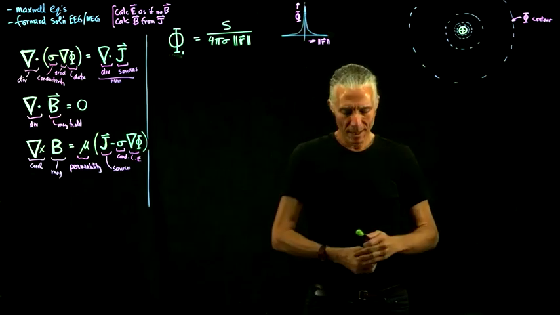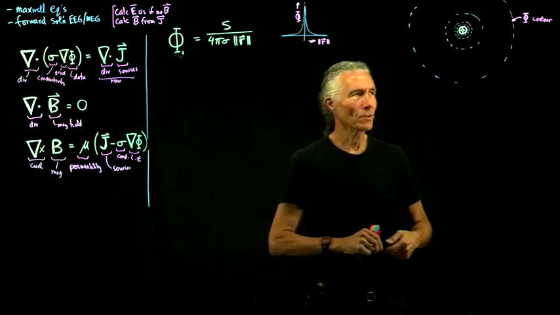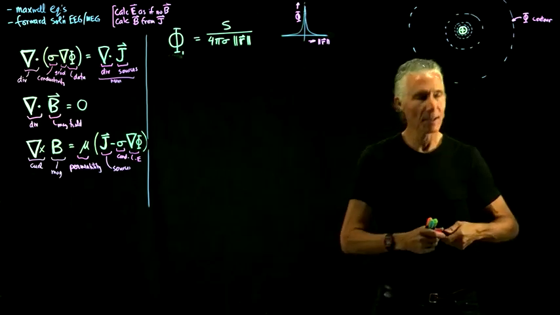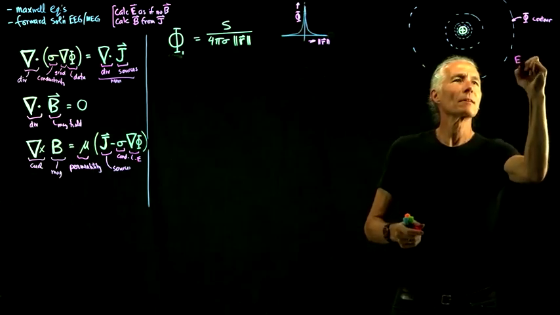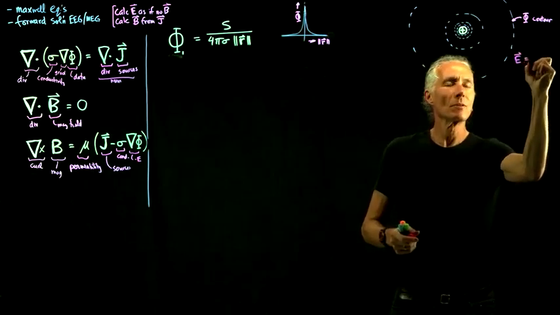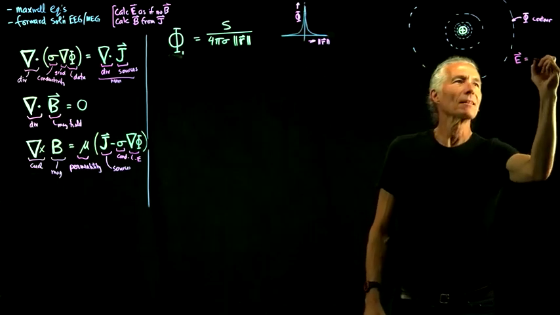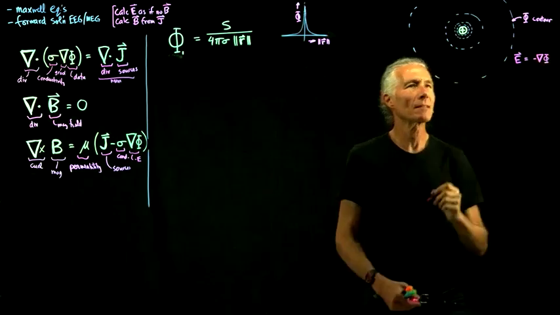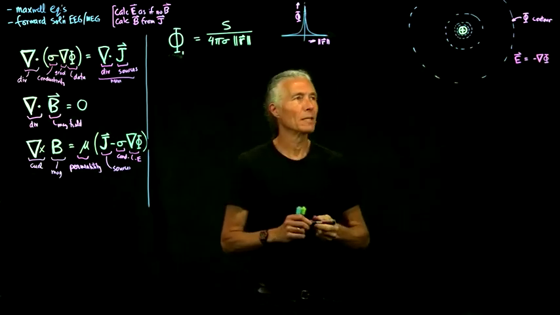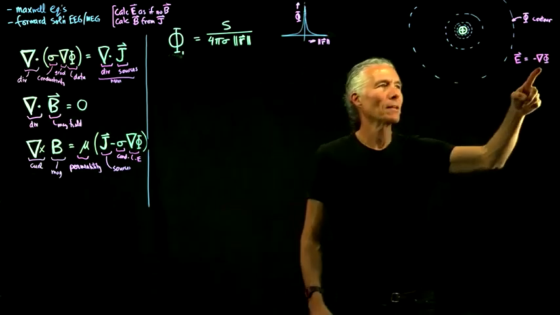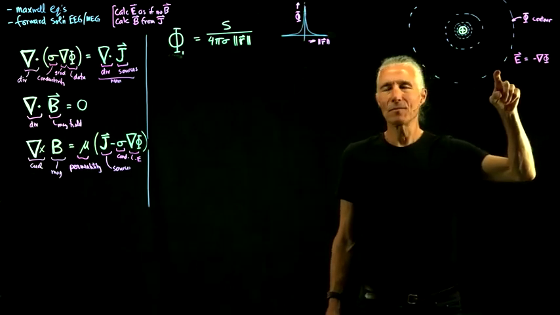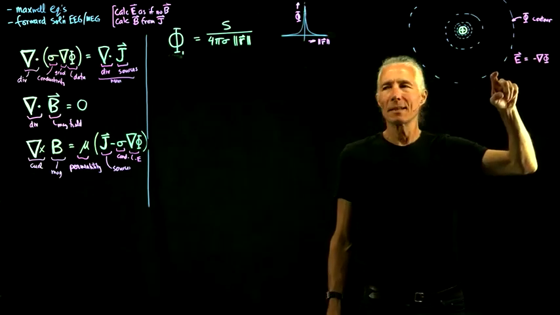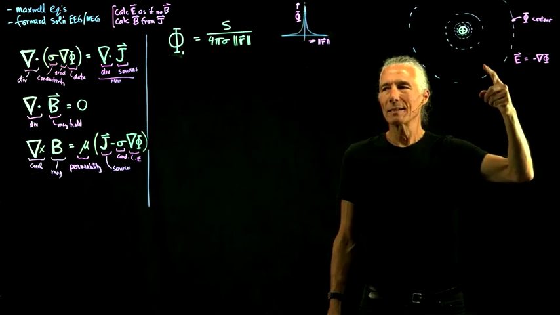But then what is the E field? Remember, the E field is equal to the negative of the gradient of that potential field. The gradient means go to the potential field and find which direction is the steepest uphill.